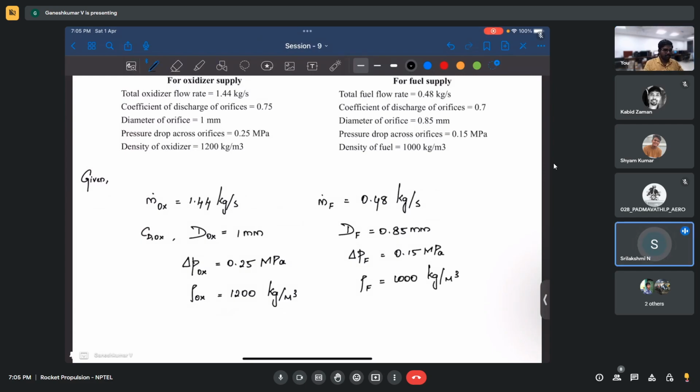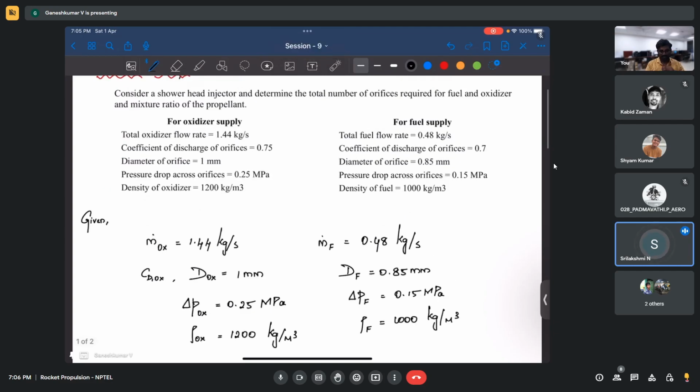Hello, Mr. Ganesh. I have a question actually. Yeah, sure. Considering that this is a shower head injector, ideally the manifold would have the same pressure, right? So why is it that the pressure drop across the oxidizer orifice is different from the fuel orifice?